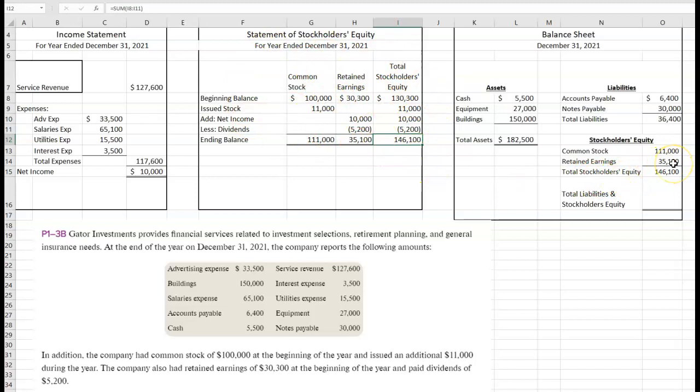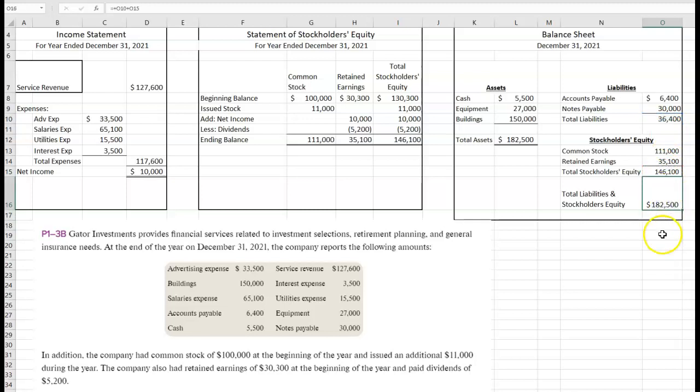It's critically important that you get this retained earnings ending number from your statement of stockholders' equity, not from the problem, because things happen to stockholders' equity. Okay, now I want to do total liabilities and stockholders' equity. Here's where I want to add my total liabilities and my total stockholders' equity.